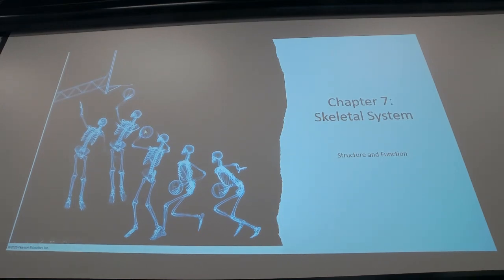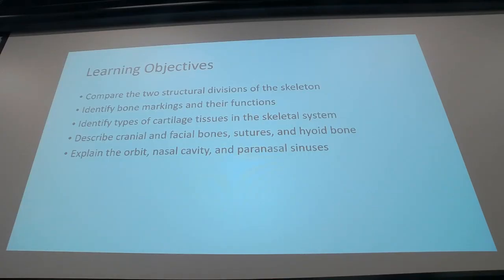Okay, so chapter 7, it's about the gross anatomy of the skeletal system. In this chapter, we're going to learn the two main divisions of the skeletal system. We're going to see what bone markings are, what the different markings are for bones, and what their functions are.